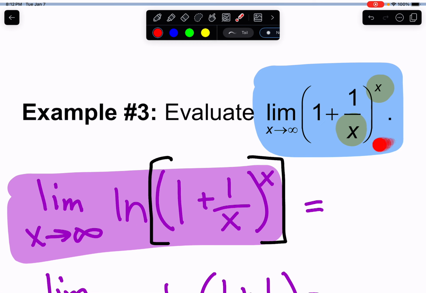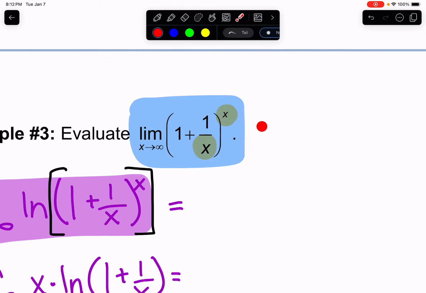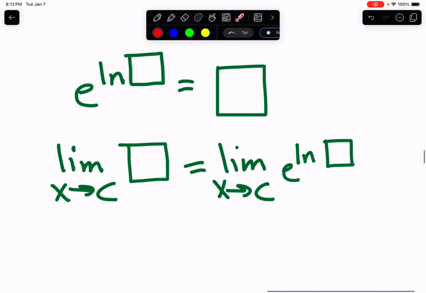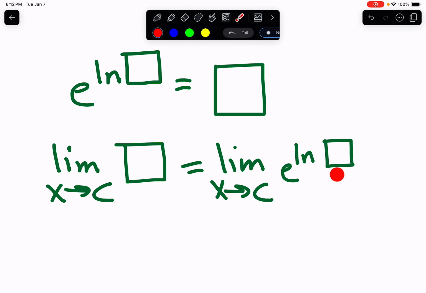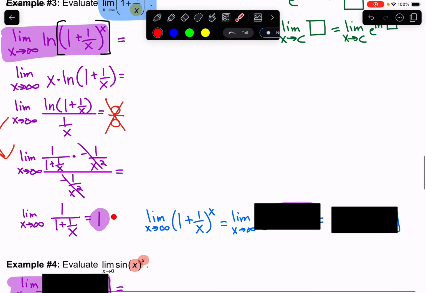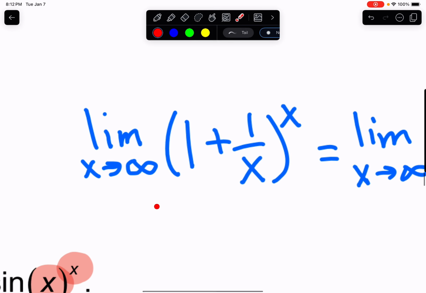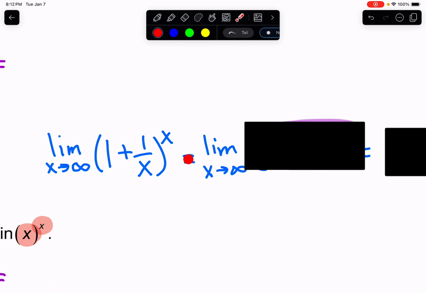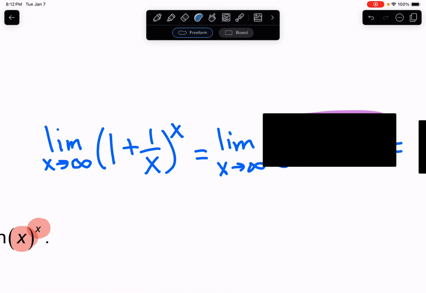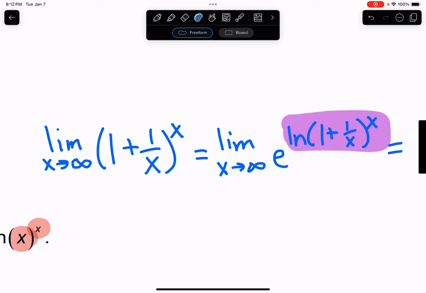I can take the limit I was asked to solve and rewrite it as e to the natural log of what my function was in the limit. So again, here's the limit I was asked to solve. Okay, I'm going to rewrite this as the limit as x approaches infinity of e to the natural log of (1 plus 1 over x) to the x.